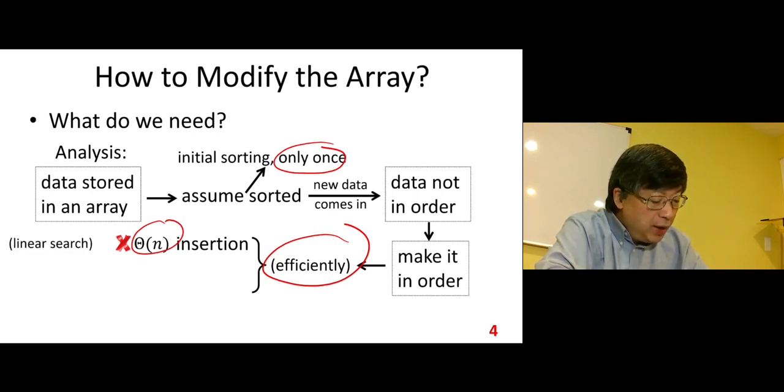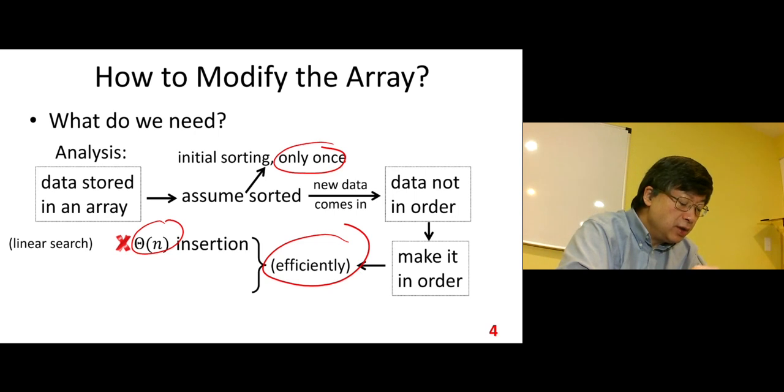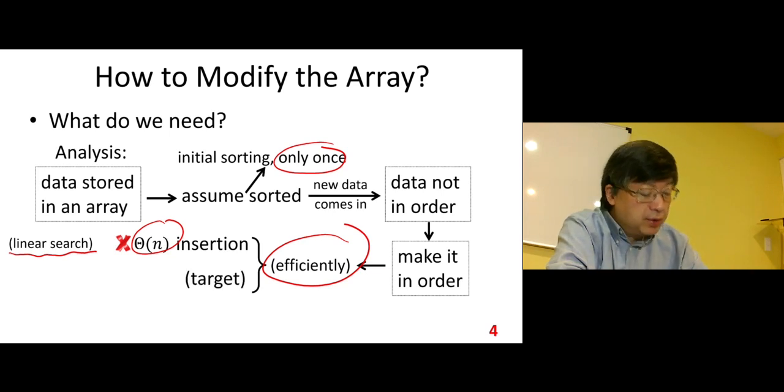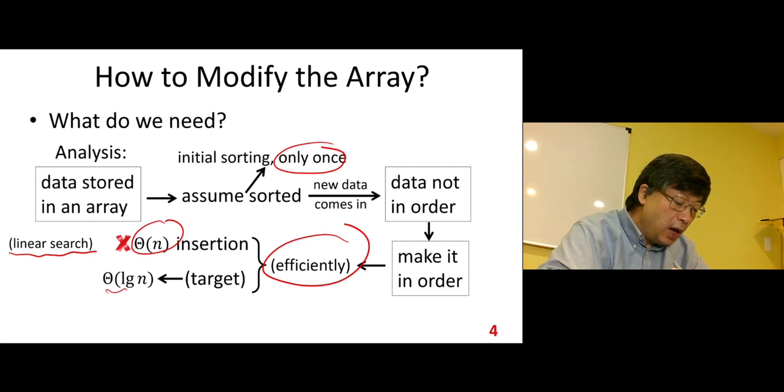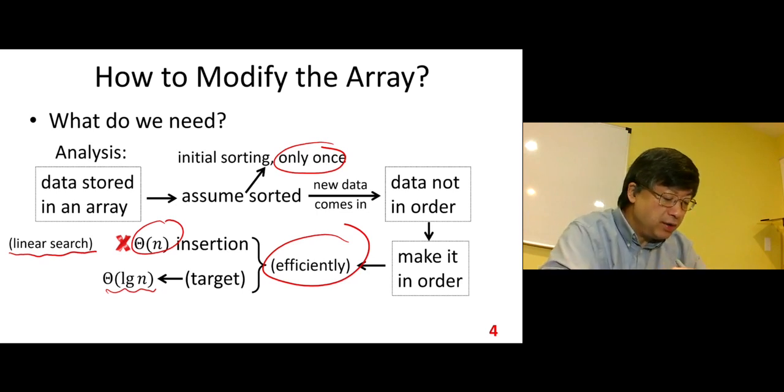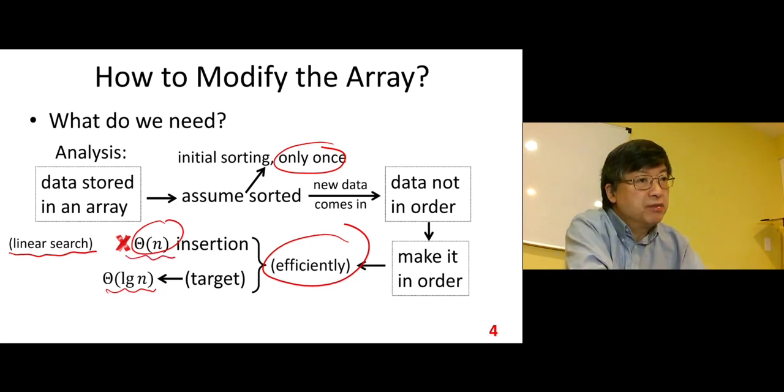Why is it so bad? Because in this insertion operation, we need to do a linear search. It is a linear search based insertion operation, and that is not efficient. Our goal is to get logarithmic efficiency, much better than linear efficiency.